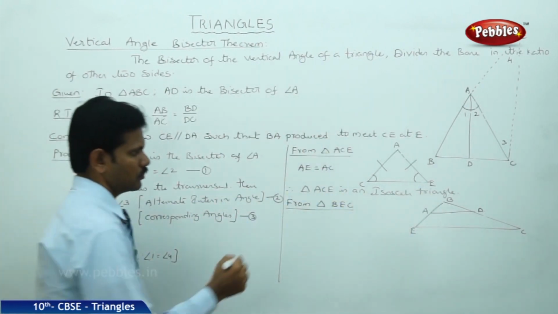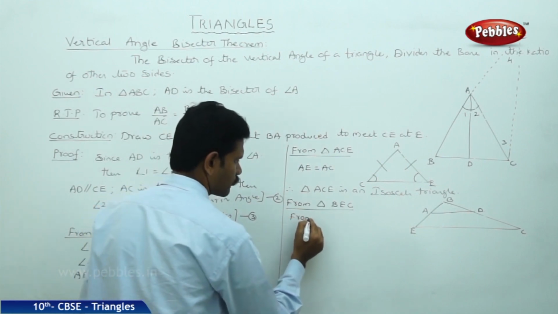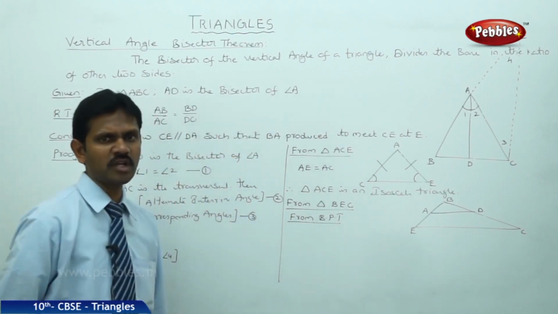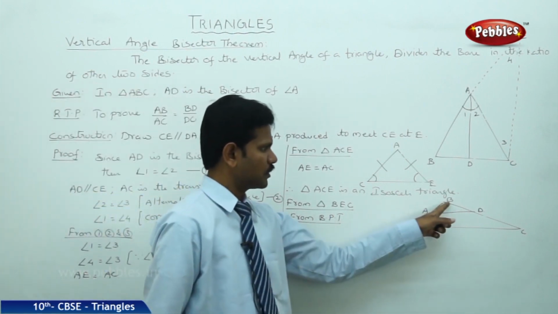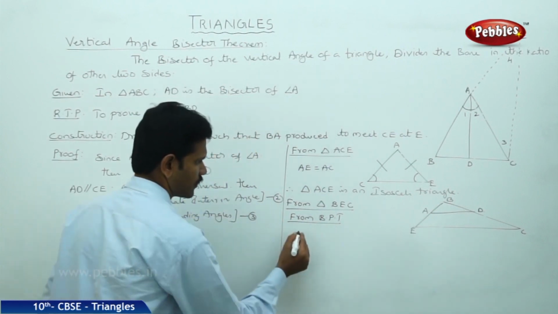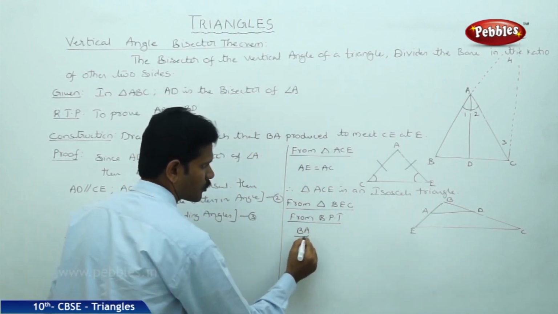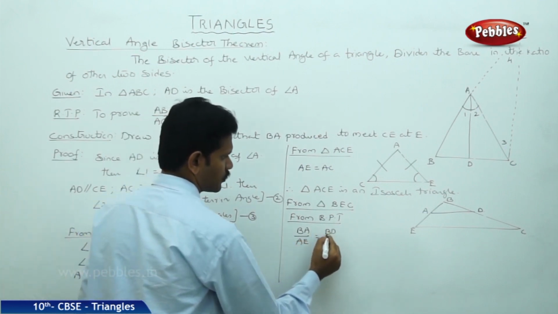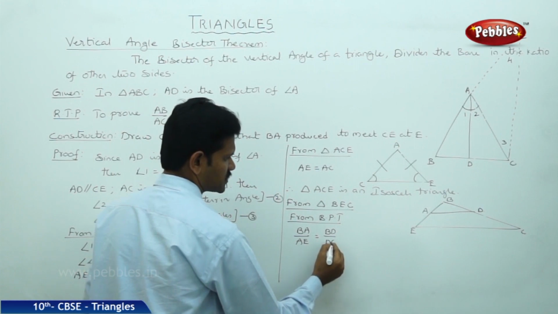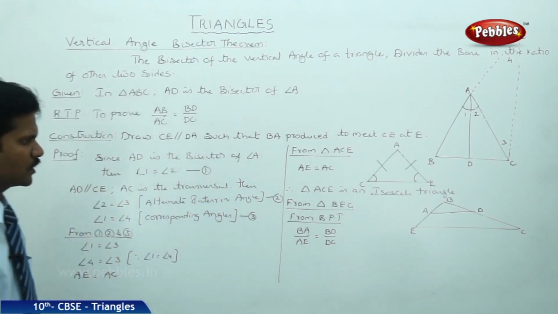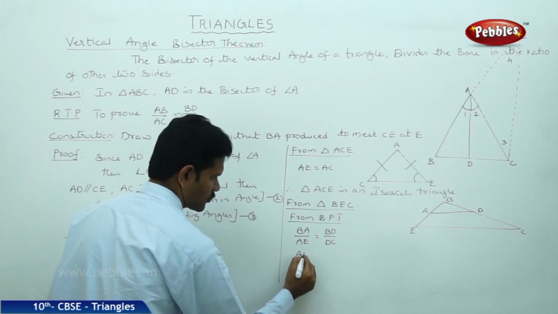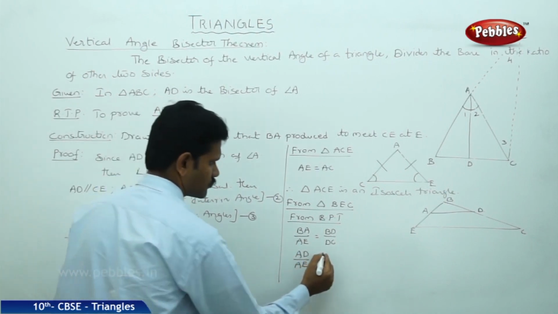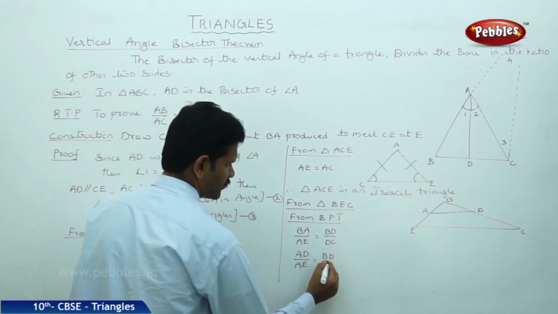Now from BPT, from the basic proportionality theorem, BA by AE is equal to BD by DC, which can be written as AB by AE is equal to BD by DC.